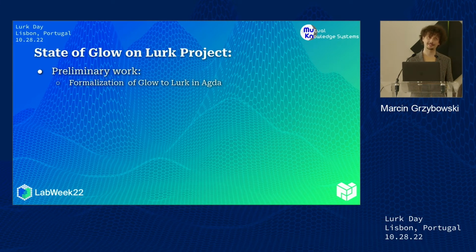With this formalized semantics, we're also able to formalize the whole transpilation process. We have a very basic evaluator for Lurk in Agda, and we proved that code outputted by our Glow to Lurk compiler can only result in the same execution paths as Glow programs compiled to different languages. So you can safely deploy the same contract on different backends.